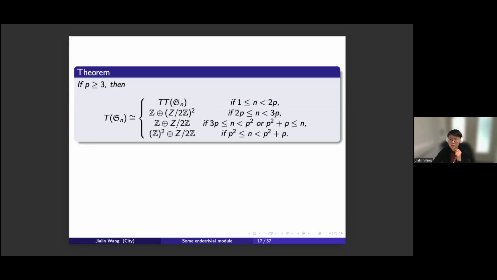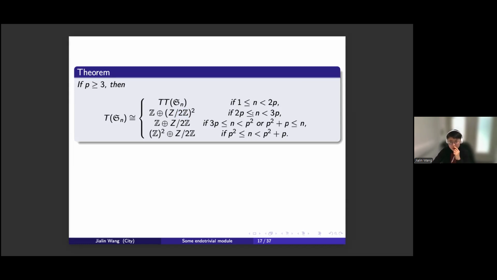When n is no more than 3p and at least 2p, you have one copy of Z and 2 copies of C2 coming out. In the case when n is between p squared and p squared plus p, you get 2 copies of Z and 1 copy of C2. And for the rest of the cases, you get 1 copy of Z and 1 copy of C2.